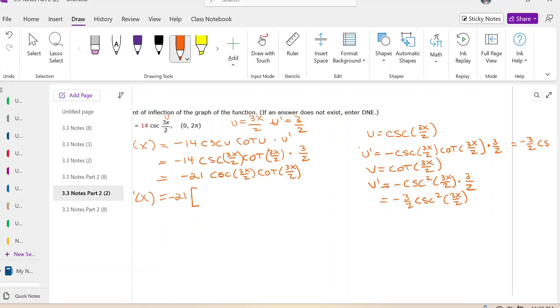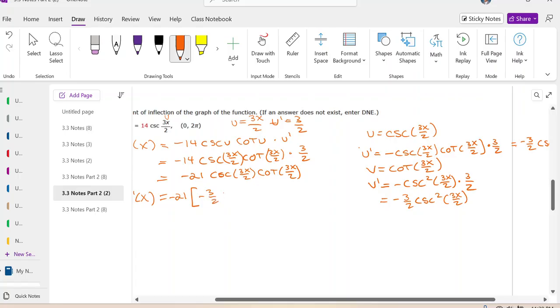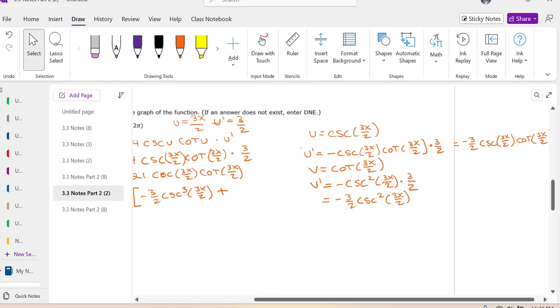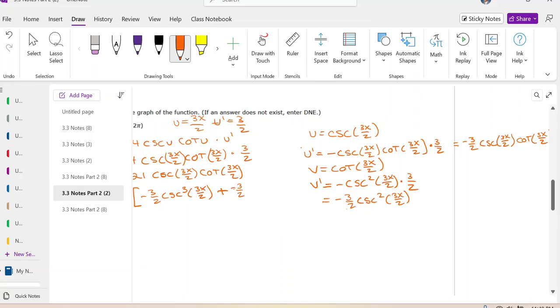So we go u v prime, so basically it'd be negative 3 halves cosecant to the third power of 3x over 2, plus, and then we go u prime v, so it'd be negative 3 halves times cosecant 3x over 2 cotangent squared 3x over 2.